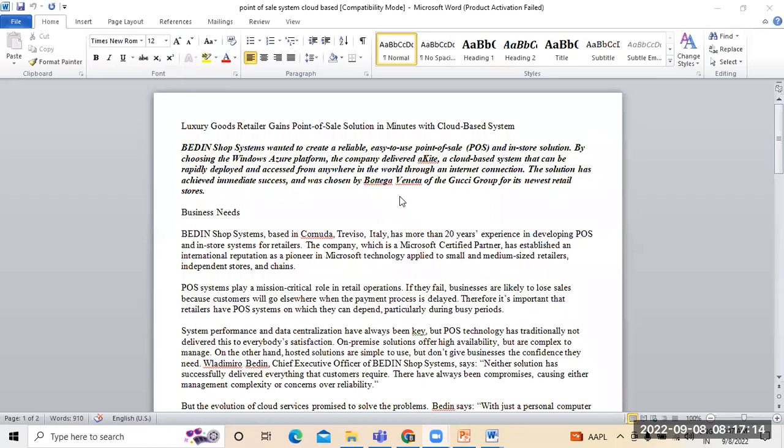Amazon Web Services and Windows Azure are two prominent cloud service providers across the industry. So big ones, right? Of course, there are a few more cloud service providers available outside. So they chose Windows Azure as a platform to develop a cloud application.